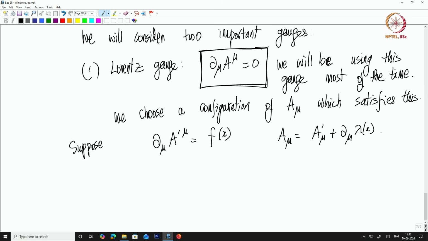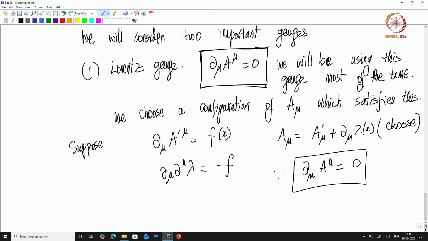Then you can choose a gauge parameter lambda such that del mu del mu lambda is equal to minus f, so that del mu A mu is equal to 0.